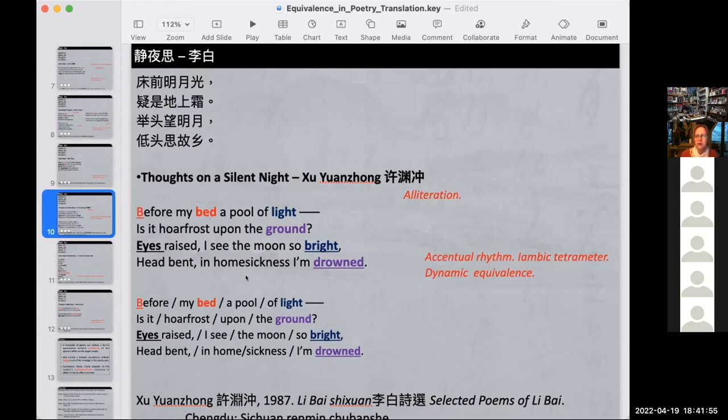So the language doesn't sound natural sometimes, but he preferred to keep the rhythm, the meter, the musicality, and he had to sacrifice this natural language. So I myself can't be harsh on him, because I know what he's trying to do, and I know how hard and how difficult it is.